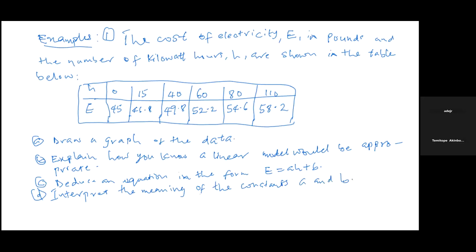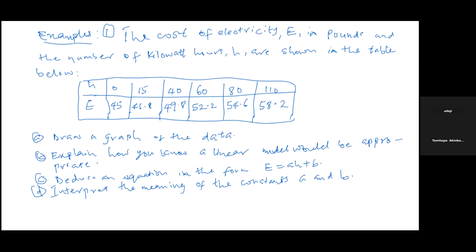Wait, so for B, does it say explain how you know a linear model would be appropriate? Yes, just make linear model would be appropriate. That's question B.